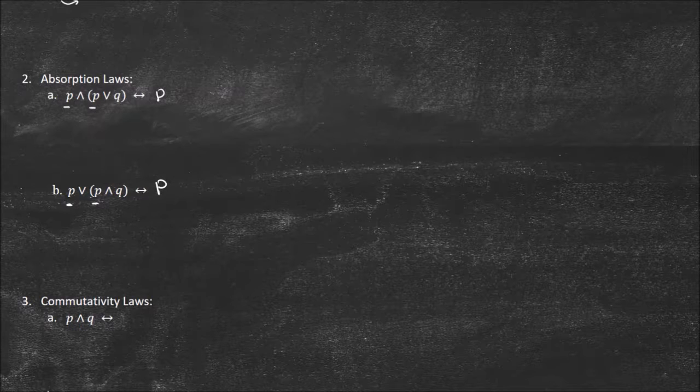Well, that means no matter what, P has to be true, right? So P and then P or Q is also part of this. That's only going to be true if P is true. And then the next one says P or (P and Q). Again, P has to be true here. If Q is just true, the P and Q part would be false, and then it wouldn't matter. So it ends up just being P both times. And we could prove that using a truth table.